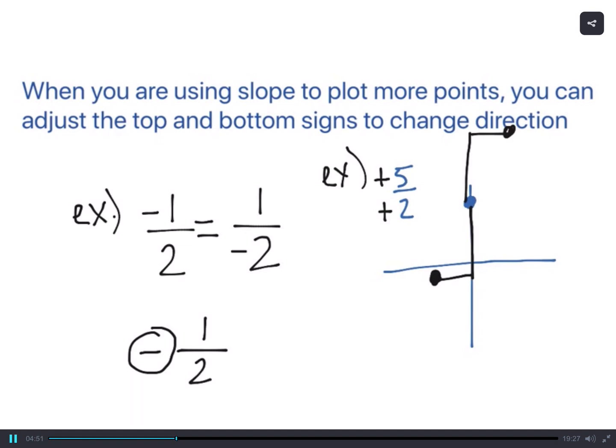So the key to this, though, is that you have to remember to change both the top and bottom signs, not just one of them. All right, so let's go back to our number one, and I'll show you how we can apply this.